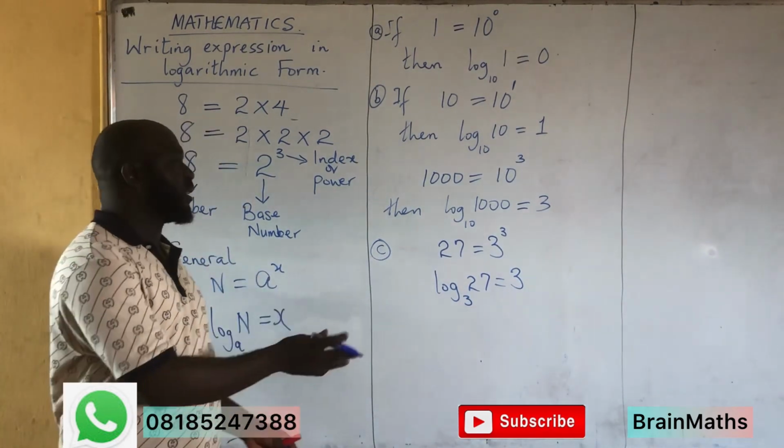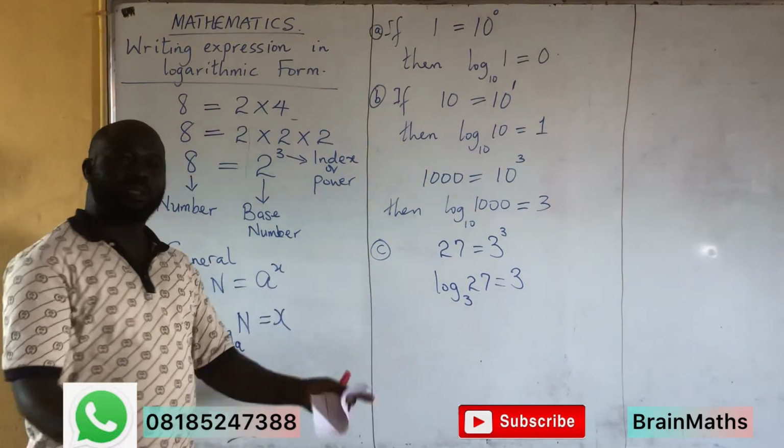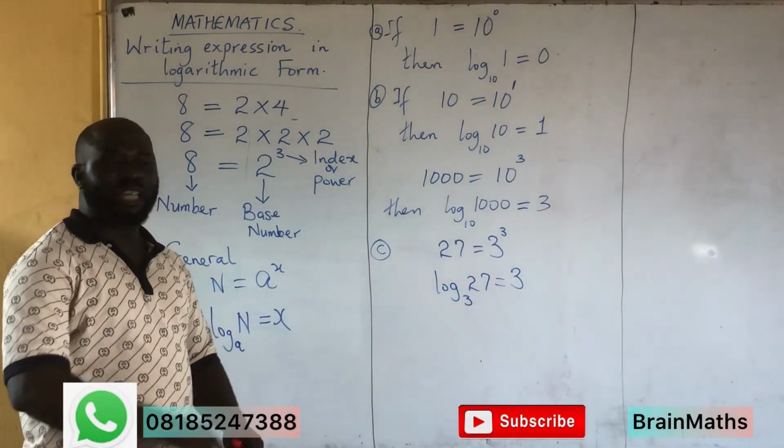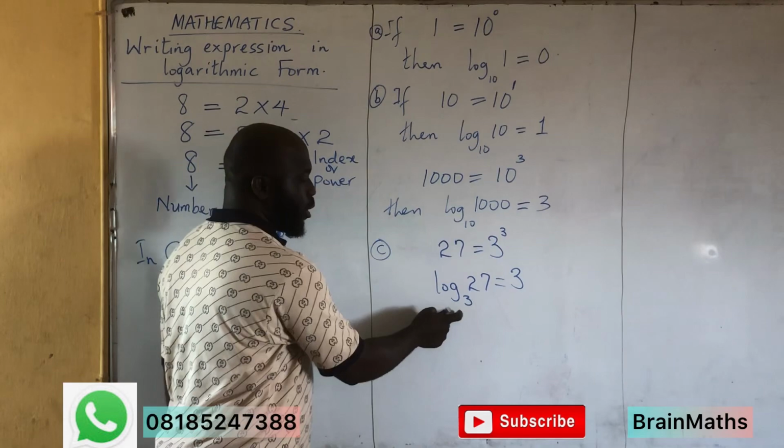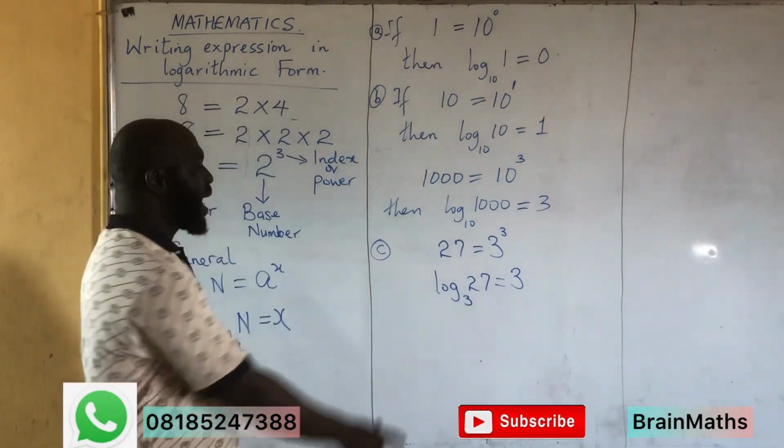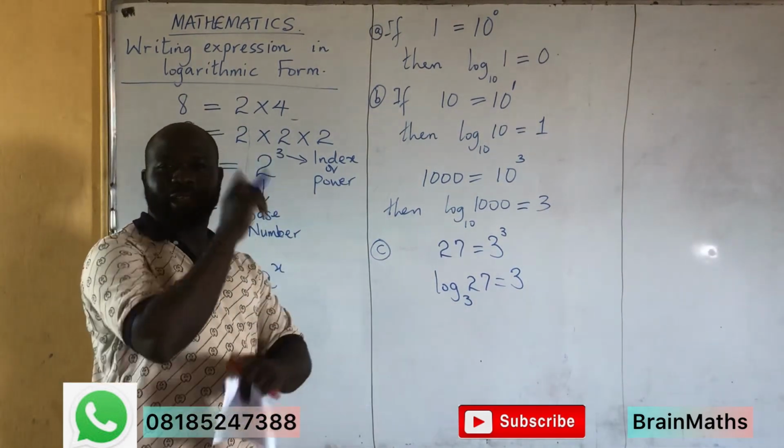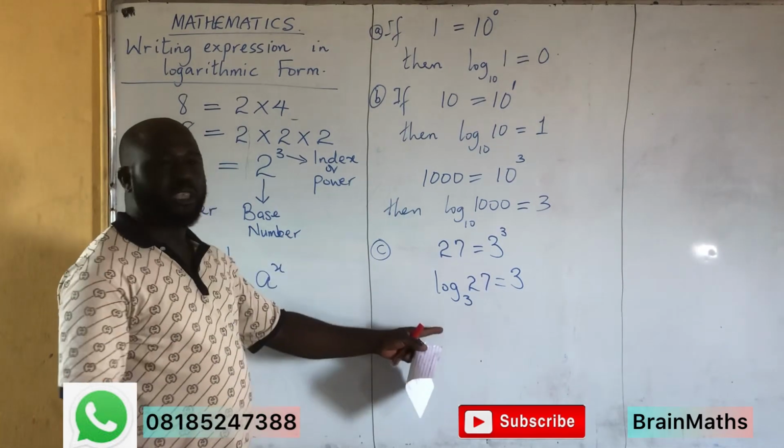Having known this, this can also be done in a reversal method. If you are given a number in logarithm and you are asked to take it back to the index form, you still follow the same process.